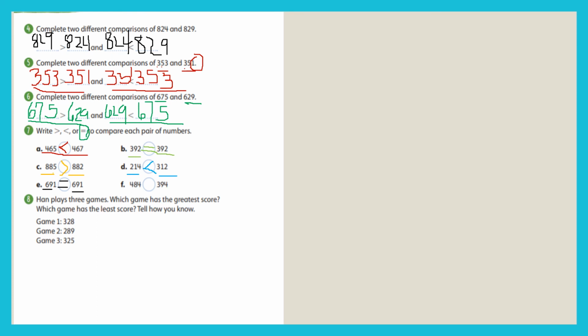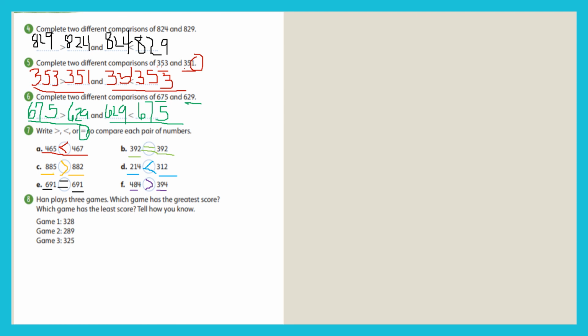Well, I'm looking at the hundreds and I see that 400 is greater than 300. My arrow has to be open to the larger number. 400 is greater than 300, so this reads 484 is greater than 394.